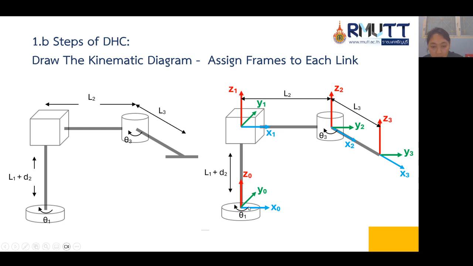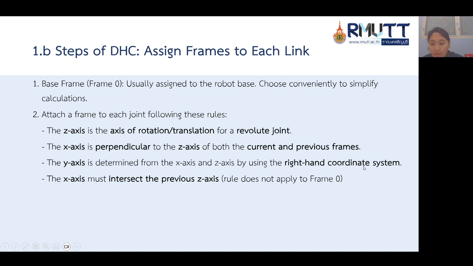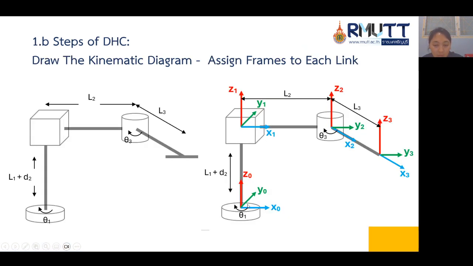This is perpendicular to the z, and by using the right-hand coordinate system we can determine the y-axis.